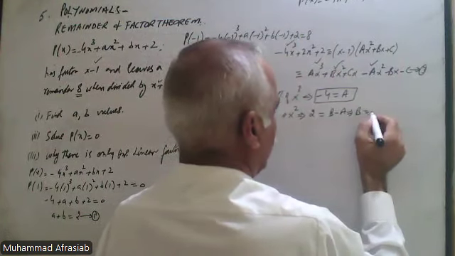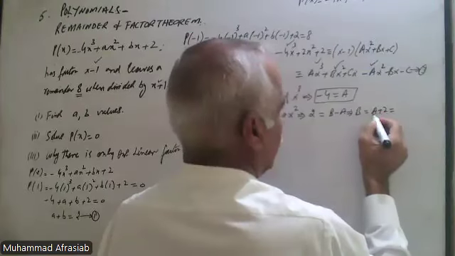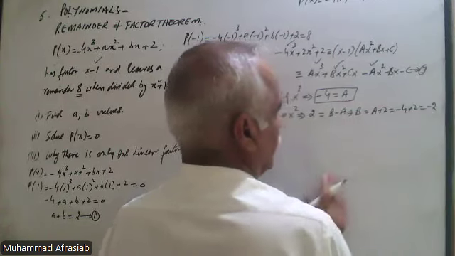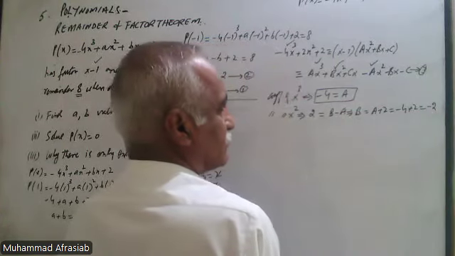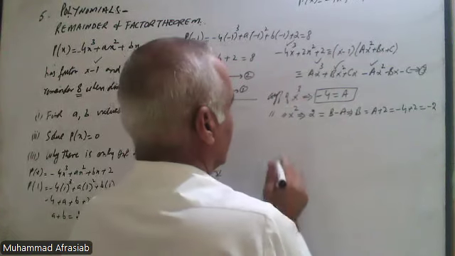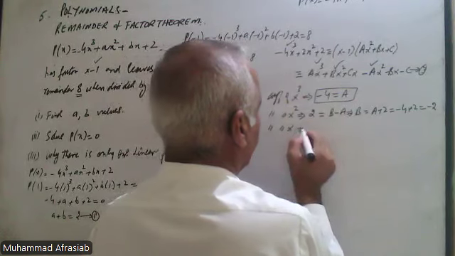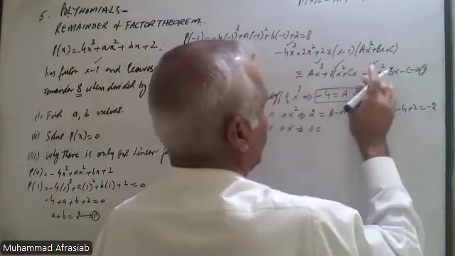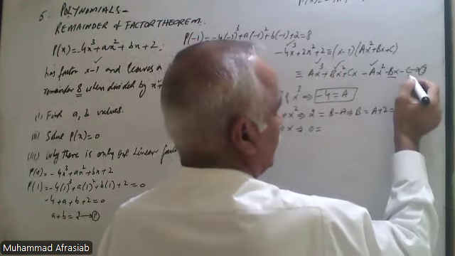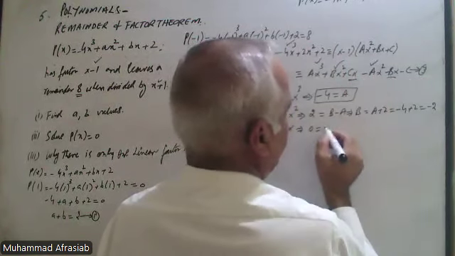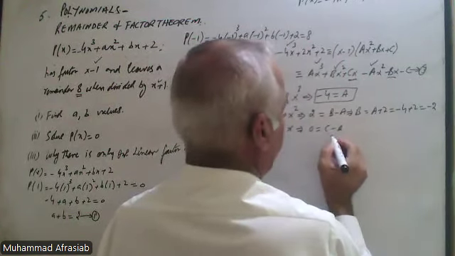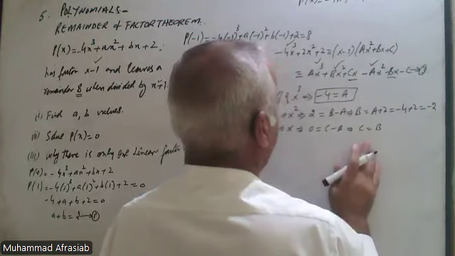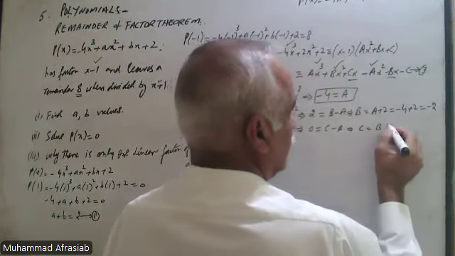So b is equal to a plus 2, which is minus 4 plus 2, and that is equal to minus 2. Then comparing the coefficient of x, the left side has 0, and the right side has c minus b. This implies that c is equal to b, and the b value is already minus 2.